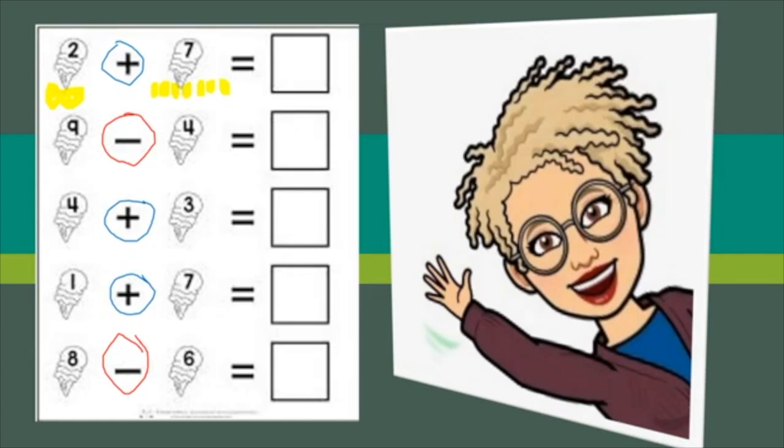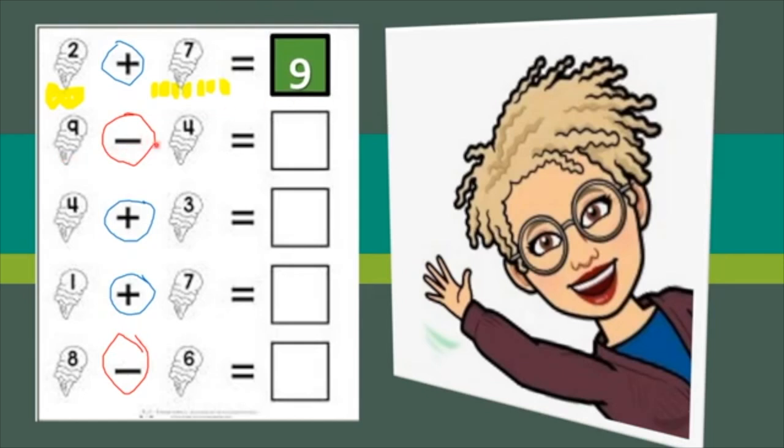Now we know that when we add, we have to count them all together to find the sum. So here we go. Super counters, are you ready? 1, 2, 3, 4, 5, 6, 7, 8, 9. So our solution here is 9. Very good.